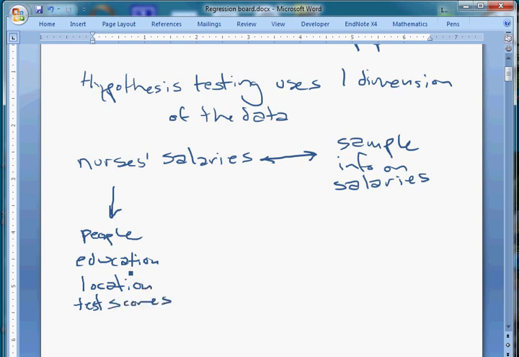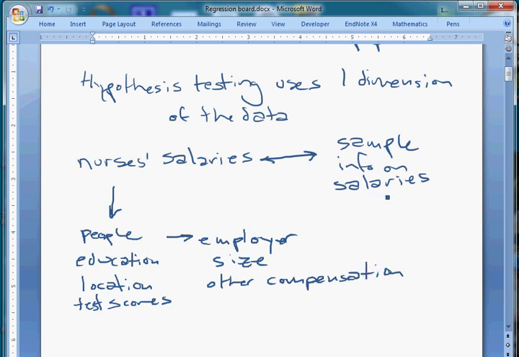We might know their employer, and if we know their employer, we might know things about their employer: the size of the employer, and other compensation. Maybe the employer has a really fantastic healthcare program, and if we know that, then we might know the reason their salary is lower is because they're being compensated in another dimension.